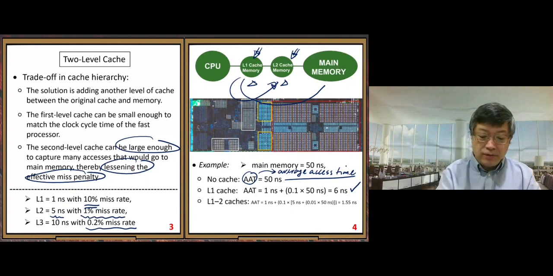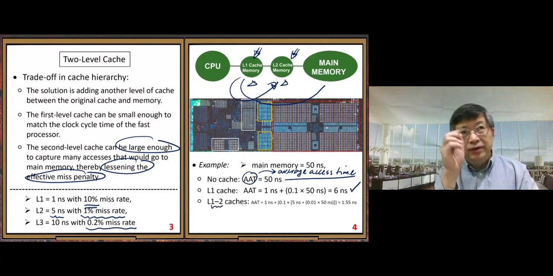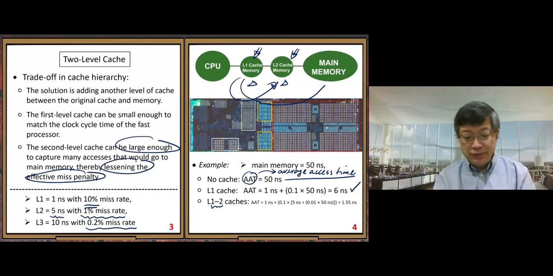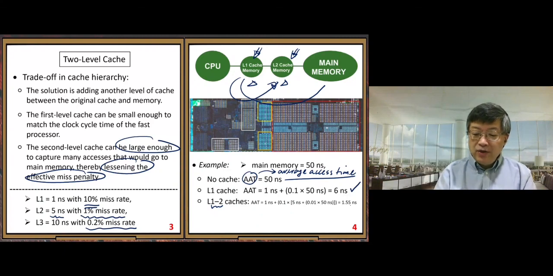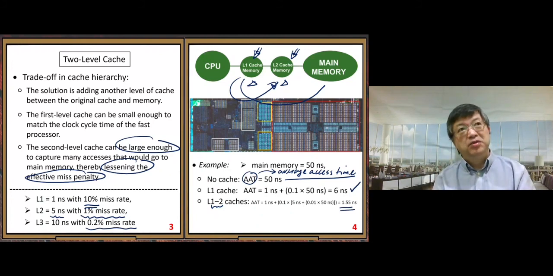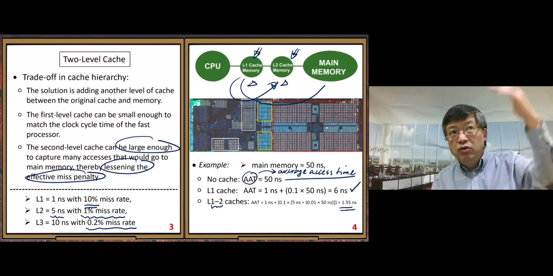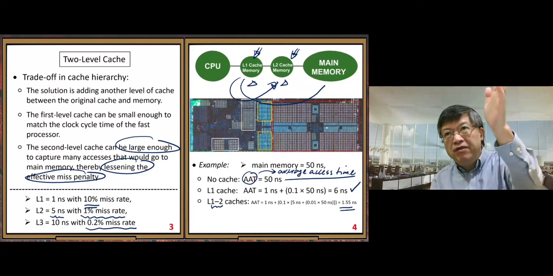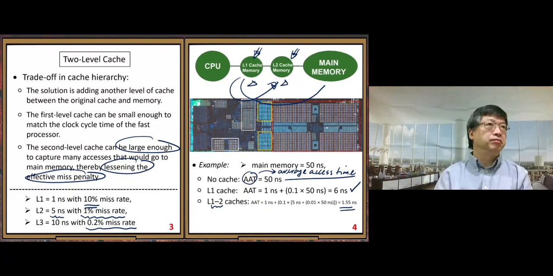So you combine L1 through L2, two-level caches. This time you reduce the average memory access time from 6 to 1.55 nanoseconds. Another significant reduction, almost a 4 to 1 ratio.